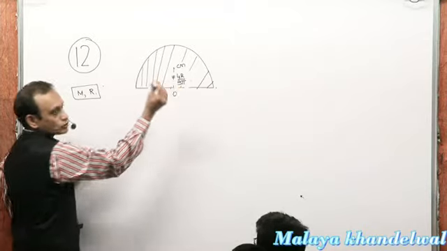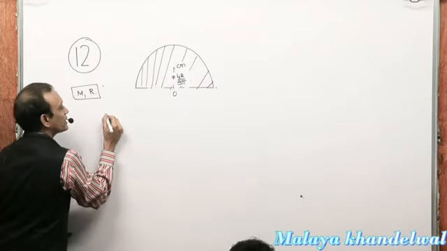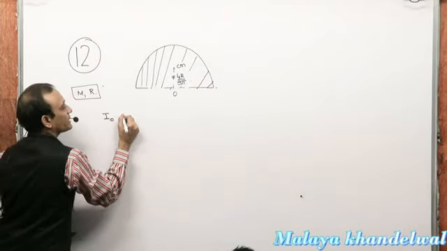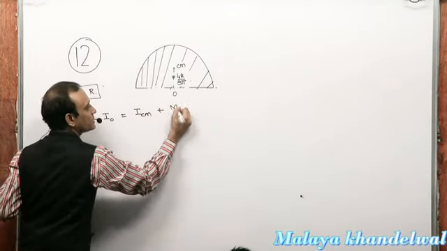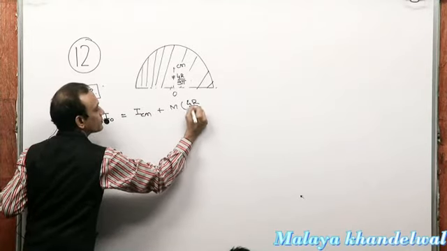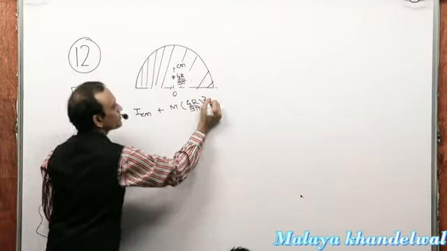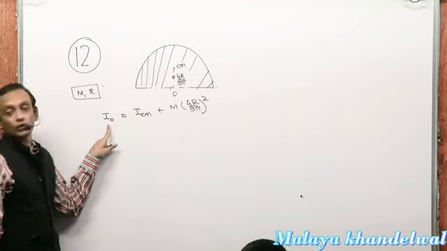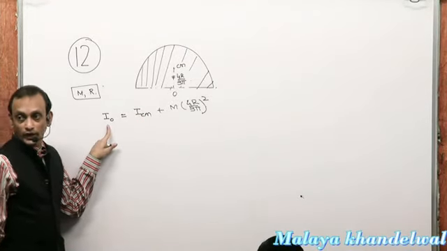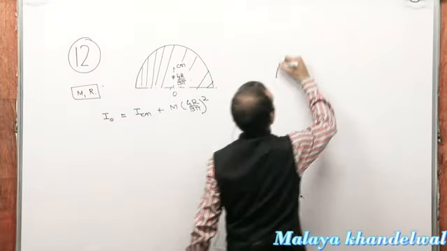So I about O is the same as I about CM plus m into (4r by 3 pi) whole squared. Now to find I about CM, I should know I about O. How do I find I about O for a semicircular disc?